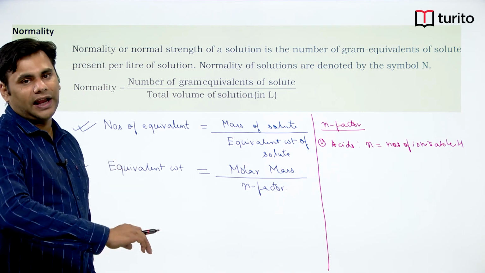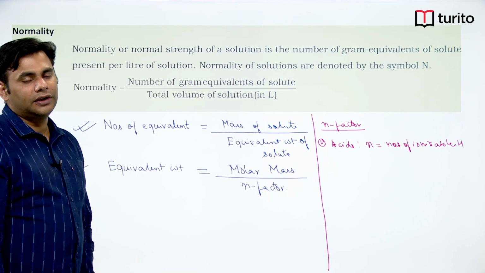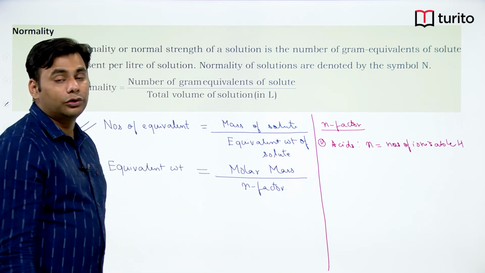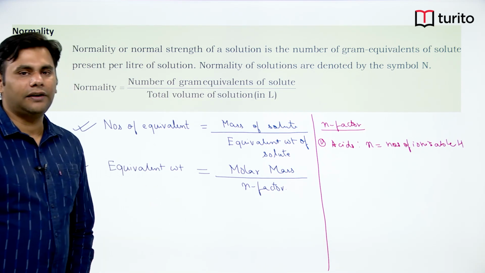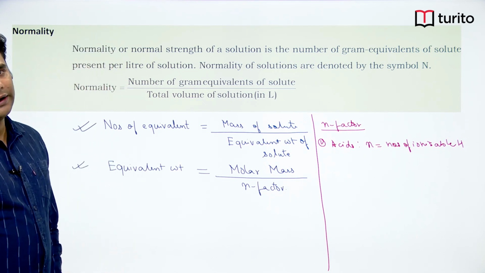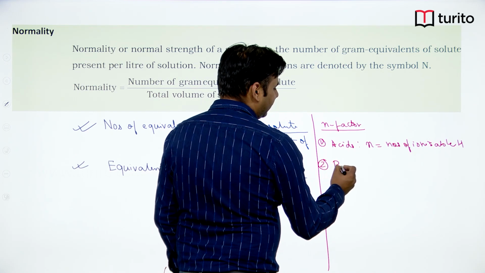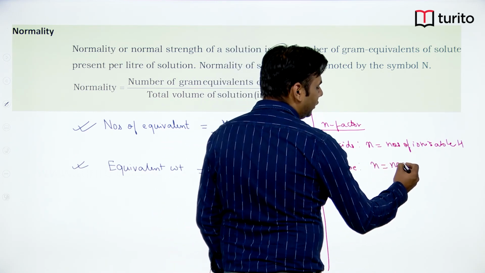Or you have to see the reaction. If in the reaction the acid is losing only 1 H, then the n factor is 1. If a polybasic acid is losing 2 H, then the n factor is 2. If it is losing 3 H, then the n factor is 3. So for acids, the n factor is the number of ionizable hydrogen. Similarly for a base, the n factor is the number of ionizable OH negative ions.